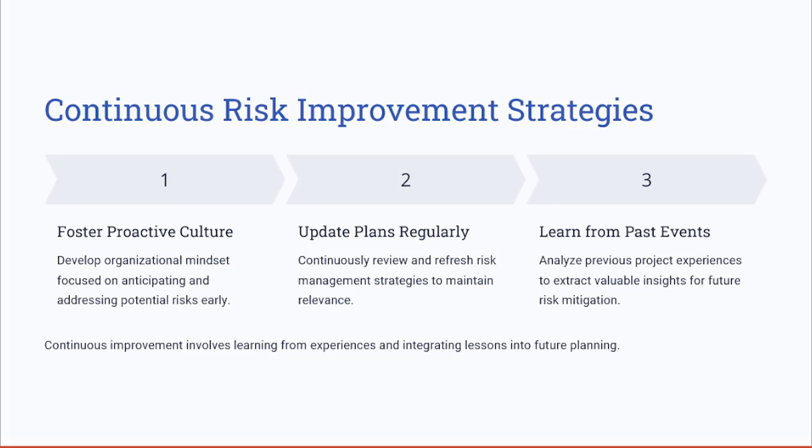Look at the audits that were conducted. Look at the results or the outcomes of these audits. So you may consider implementing them in your project to avoid these risks. Ensure also to update the risk management plans regularly and foster a culture of proactive risk management.